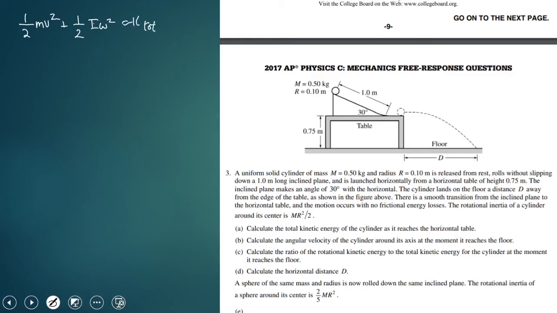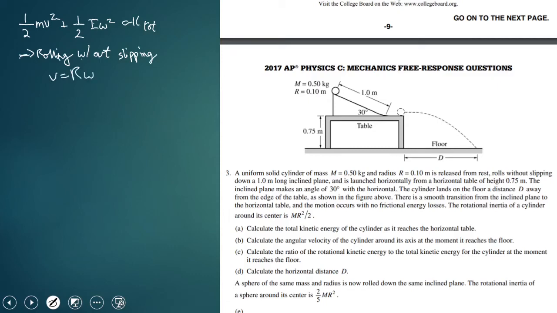Now what else do we know? Well, because we're rolling without slipping, we know that our velocity is equal to our radius times omega.